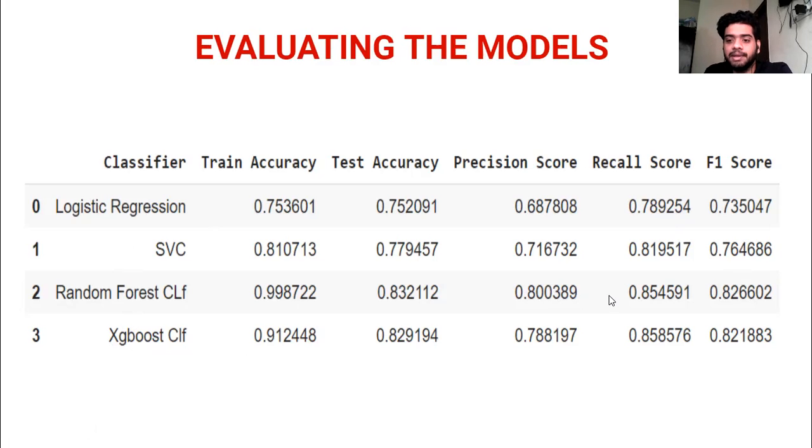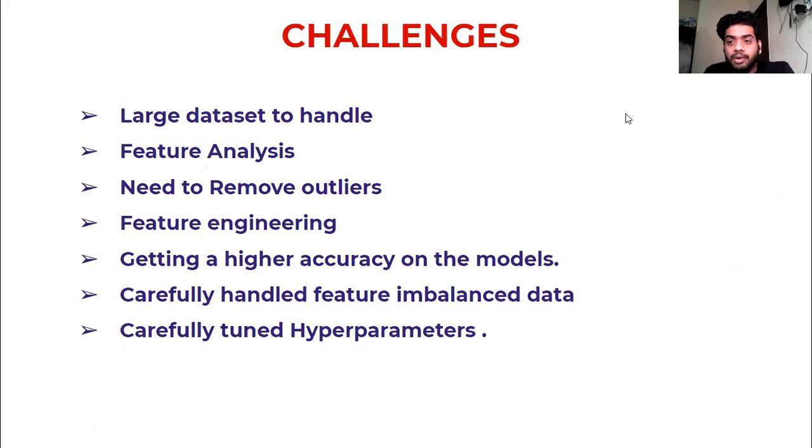random forest classifier. So while doing this project, we faced some challenges. The first is the very large data set to handle, and the next is feature analysis, and we need to remove outliers from the variables, and do some feature engineering, and also get higher accuracy on the models.